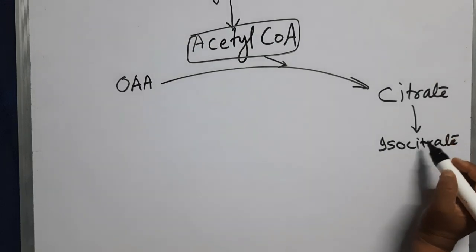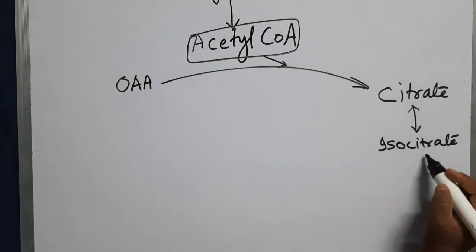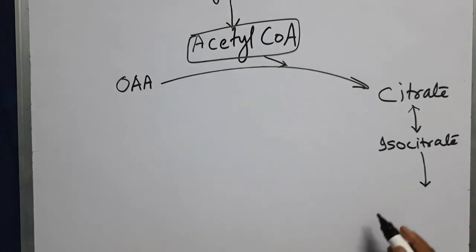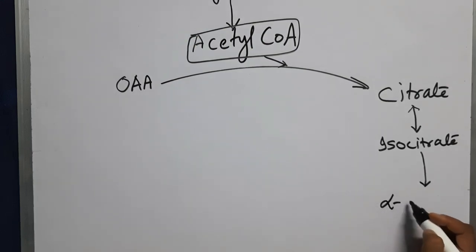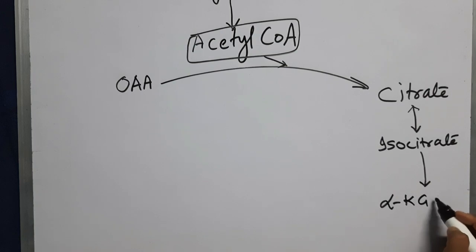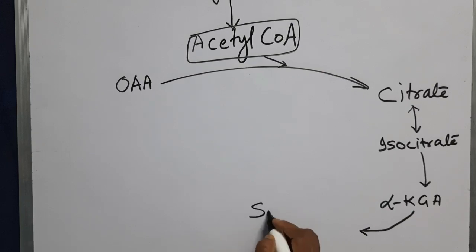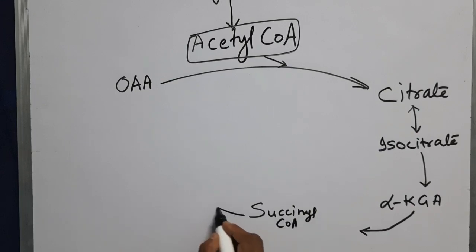And then this isocitrate will be oxidatively decarboxylated to a molecule called alpha ketoglutarate, or alpha ketoglutaric acid. Then alpha ketoglutaric acid will be converted to succinyl-CoA, which will be converted to succinate.